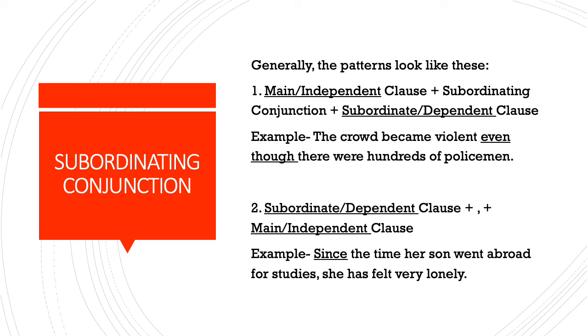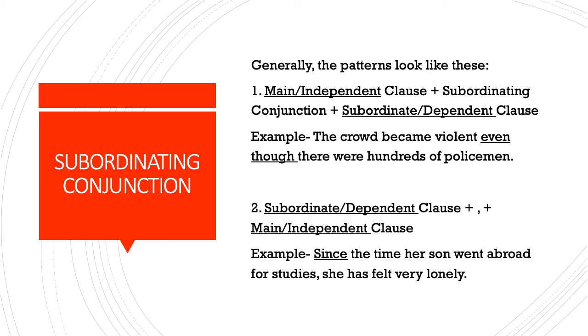Although there is a subject, her son, there is a verb, went, and there is my subordinating conjunction, since. But this entire group of words is my dependent clause whose meaning is not complete until it is added to the independent clause.